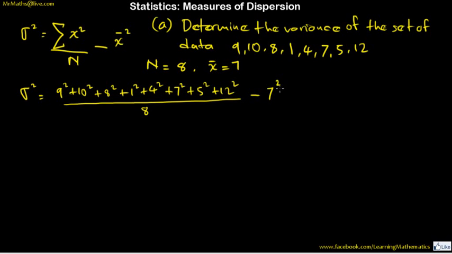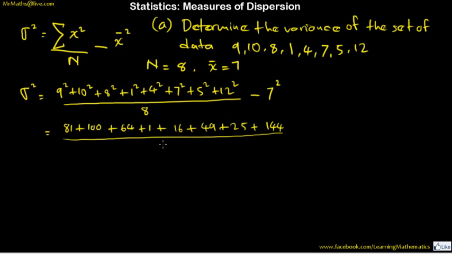So mean squared is 7 squared. Let's go and solve this. 9 squared is 81 plus 100 plus 64 plus 1 plus 16 plus 49 plus 25 plus 144, over 8 minus 7 squared, which is 49.